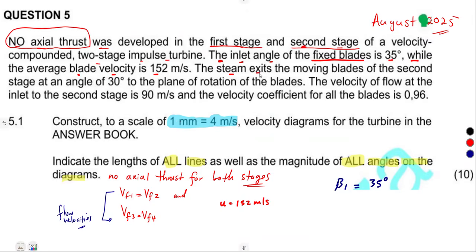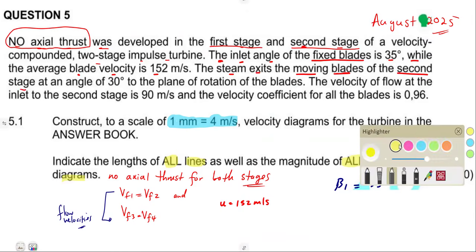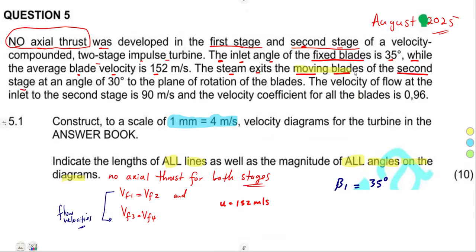The steam exits the moving blades. Take note, the moving blades, but of the second stage. So take note what we are dealing with. We are dealing with moving blades, but they are of the second stage at an angle of 30 degrees.